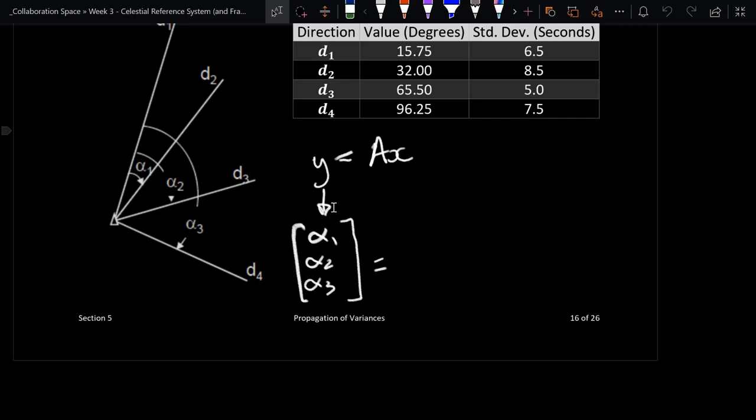And what we're computing them from are our directions. So let's put those over here. And we'll need the relationship between them, which will be our A matrix.